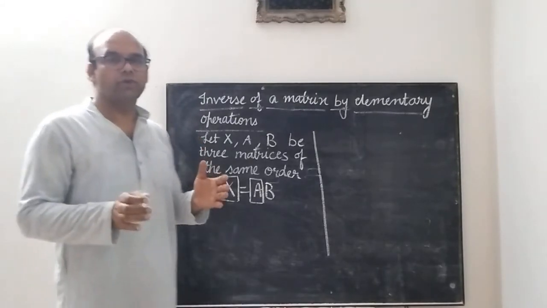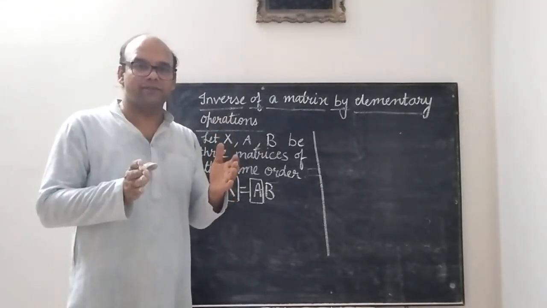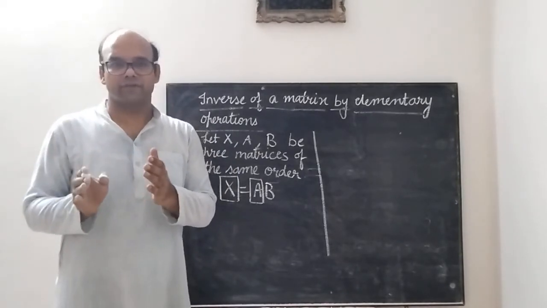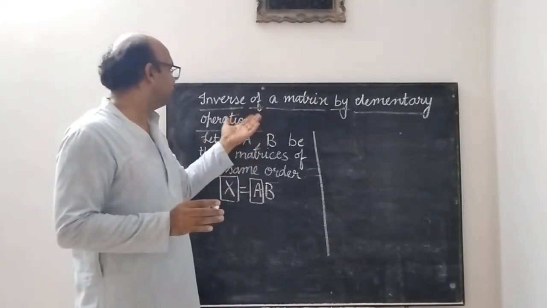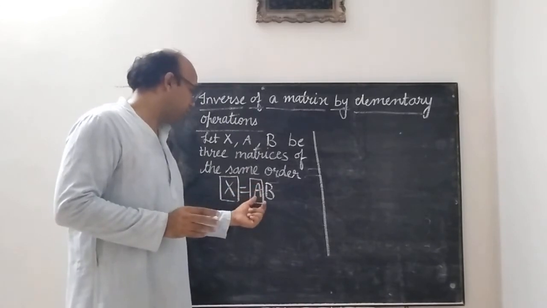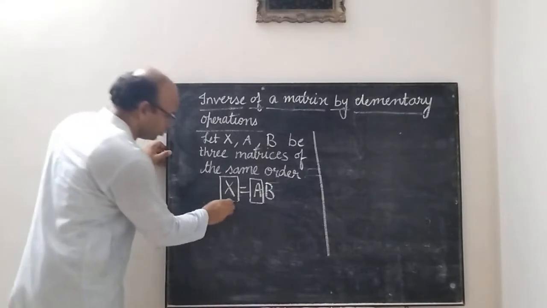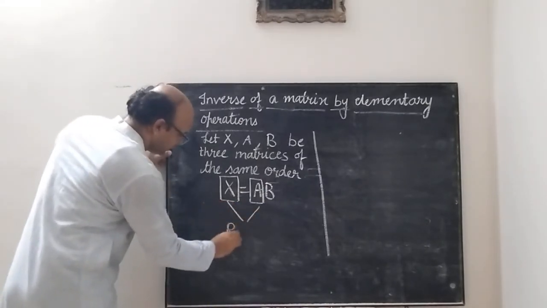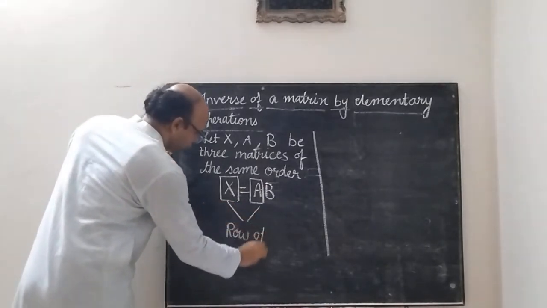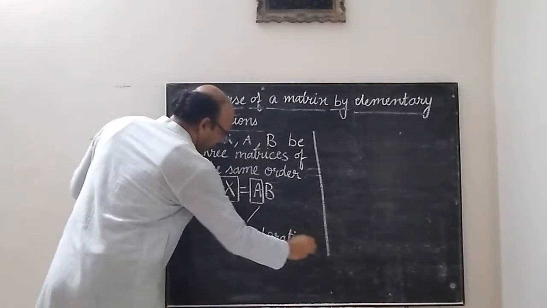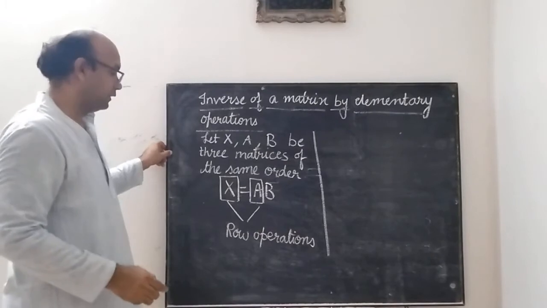We want the equality to hold throughout the whole process of finding the inverse. So we apply the row operations on the matrix X and the first of the two matrices.